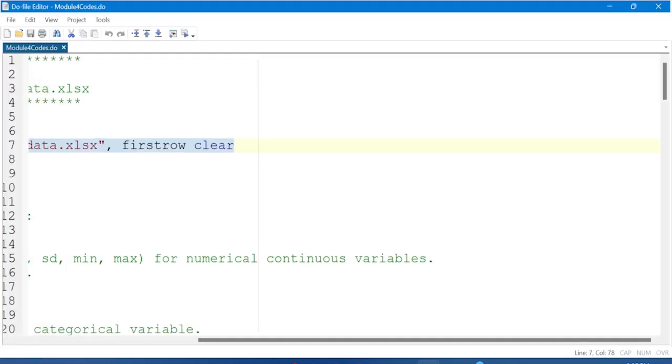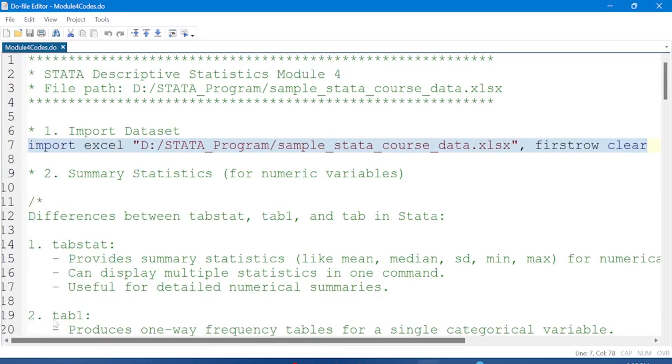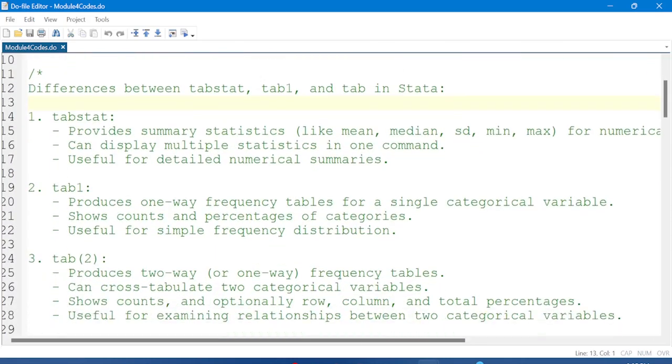Now, what follows after we load the data? We are going to the next objective, which needs summary statistics for numeric variables. Before we do that, we need to remind ourselves of the differences between tabstat, tab1, and tab in Stata.